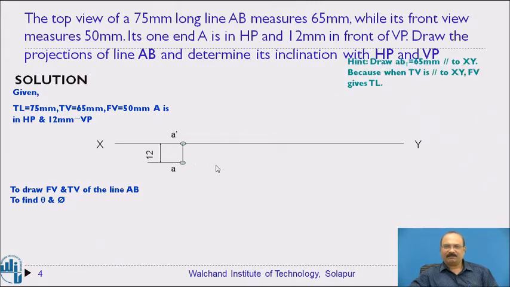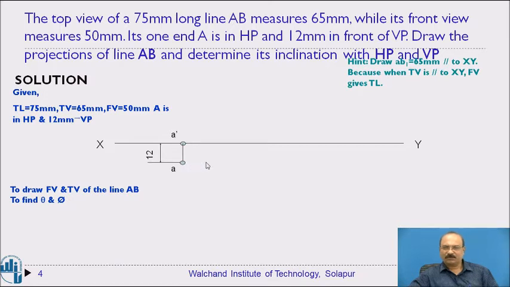Now the important thing is to draw a line AB1 parallel to the XY line with a length of 65 millimeter, below the XY line from this point A. When the top view is parallel to the XY line, the front view gives the true length.